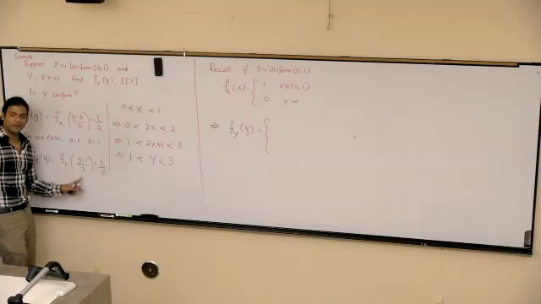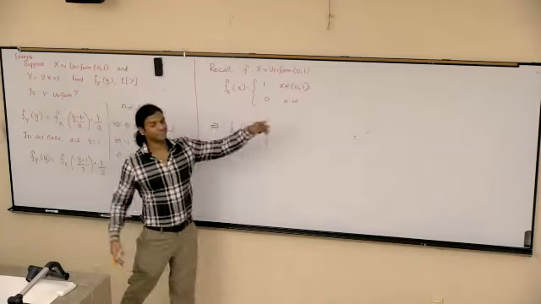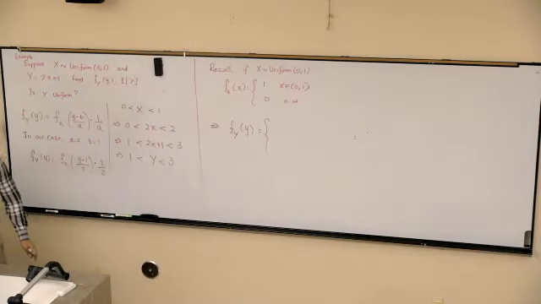If you plug in (y minus 1) divided by 2 for x, what would you get? Something between 0 and 1? Some sort of fraction? Oh, wait, no, that's not necessarily it. What does it take plugged into f_X(x)?